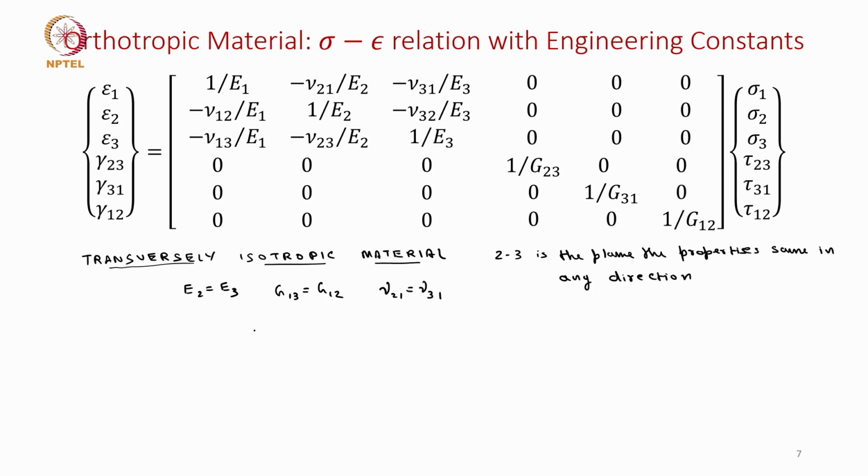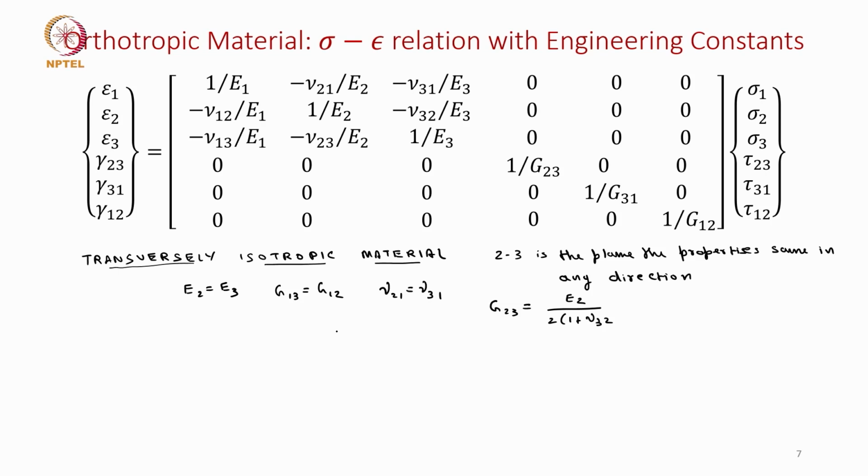In addition to this, we can also say that G23 can be written in terms of E and the Poisson ratio as E2 by 2 times 1 plus nu 32.